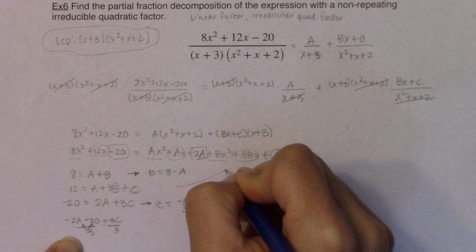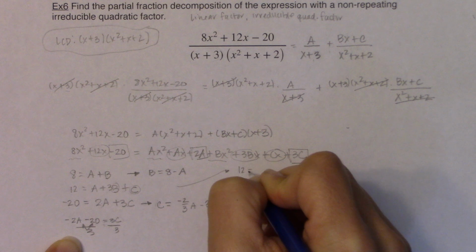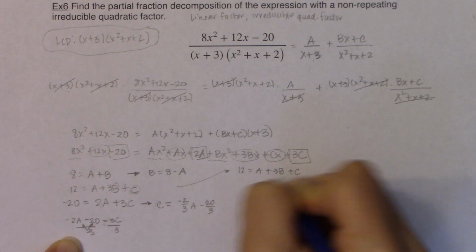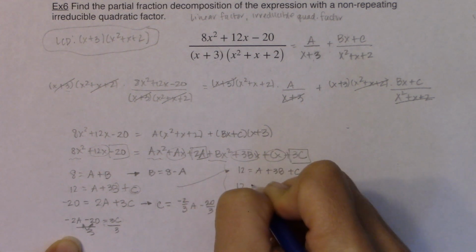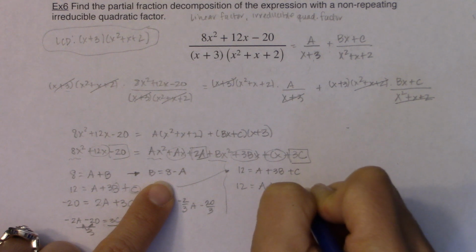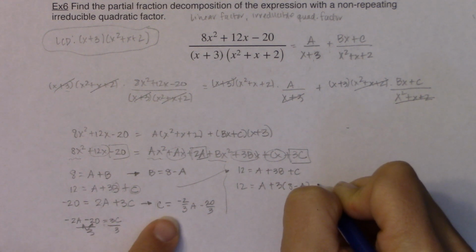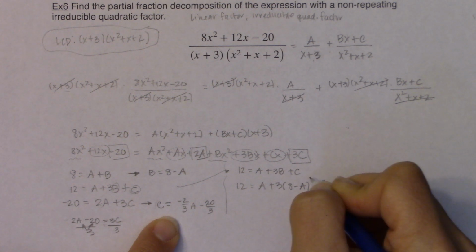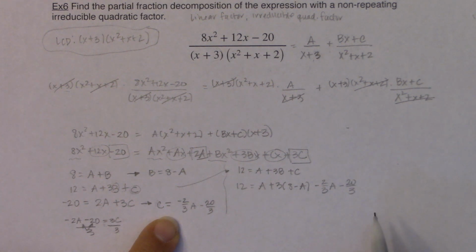So if I take this second equation, 12 equaling a plus 3b plus c, I have 12 is going to equal a plus 3 times (8 minus a), minus 2/3 a minus 20/3, because I need to add c to it. So let's take a look at what we're getting.